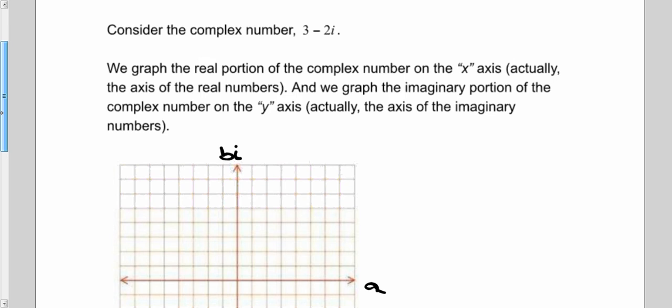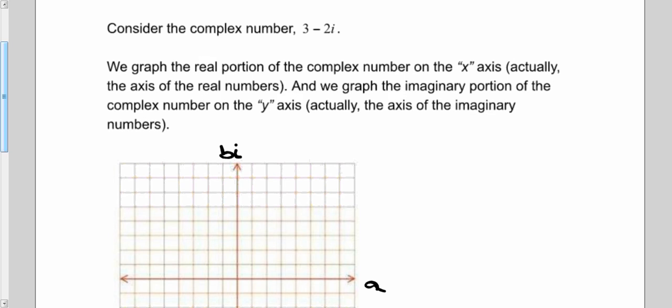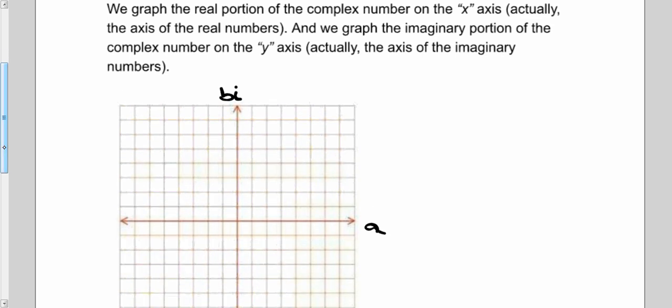So if I want to graph 3 minus 2i, where do I go on the real number line? Remember, I'm doing 3 minus 2i. 3 to the right. So 1, 2, 3 to the right. And then, how far up or down, Bobby? Okay? You okay?